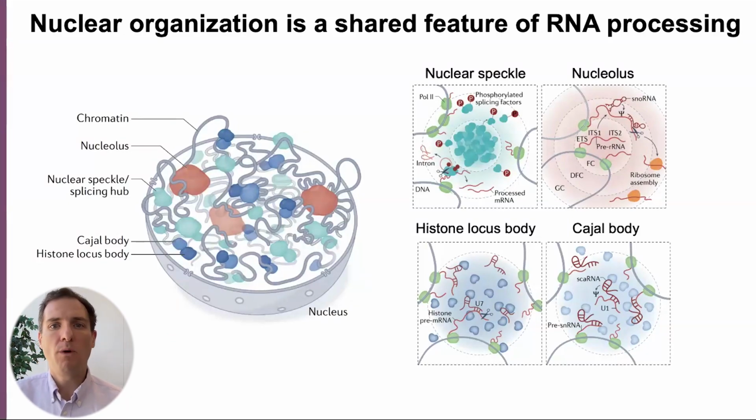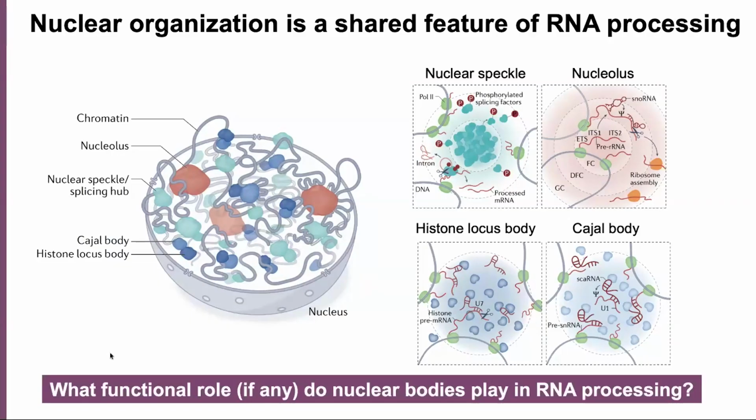Okay, I'll go really quickly through the last example. What I wanted to highlight here is this second feature around spatial and kinetic coupling, specifically that nuclear organization around various different nuclear bodies is a shared feature of RNA processing, from ribosomal RNA processing to siRNA biogenesis to histone mRNAs to even Pol2 transcribed messenger RNAs.